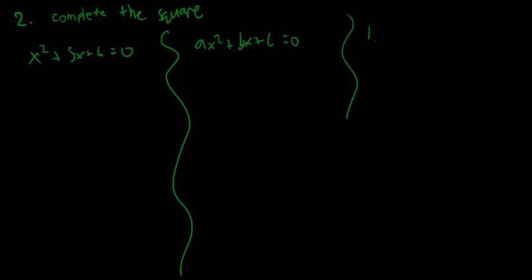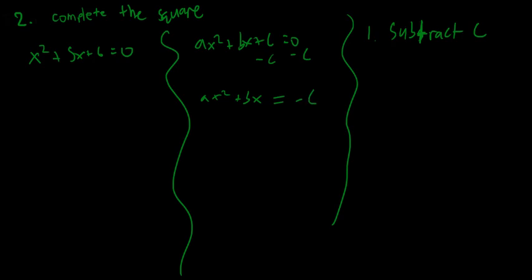So the first step, subtract c. So we're going to subtract c from both sides, so minus c here. Okay, and so now we get ax squared plus bx is equal to minus c. Next we're going to calculate b over 2a squared.